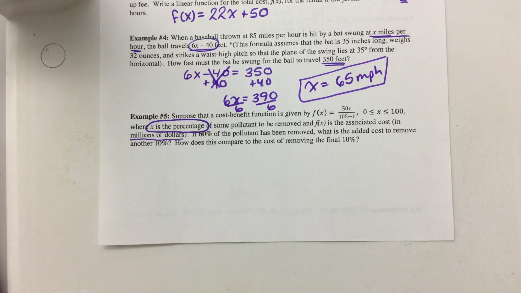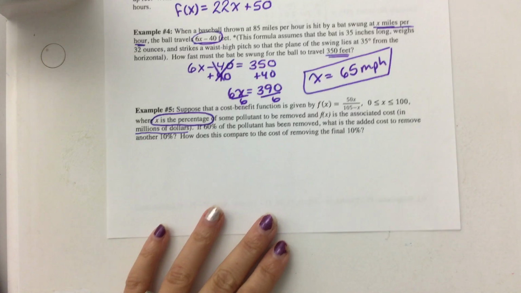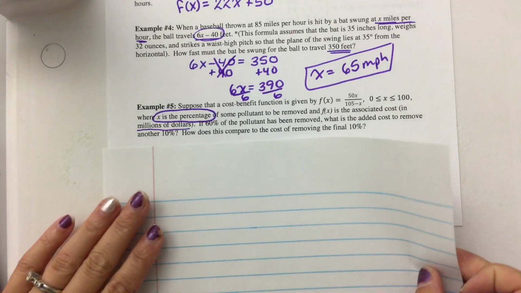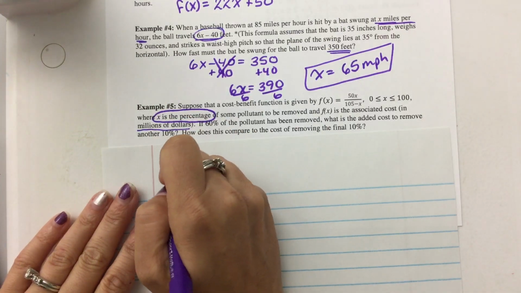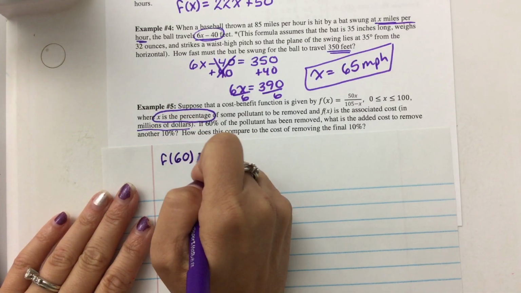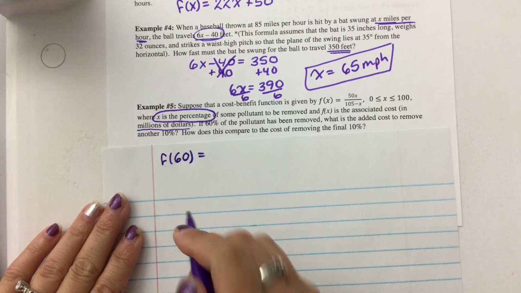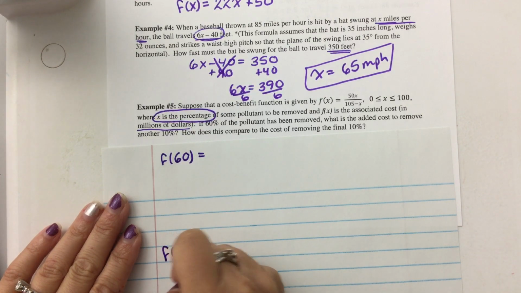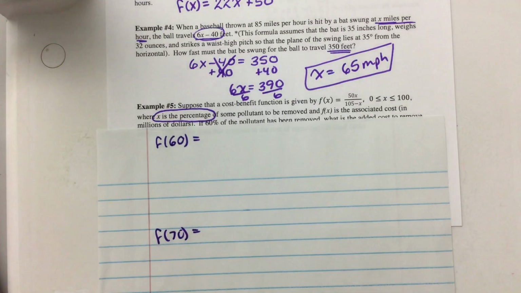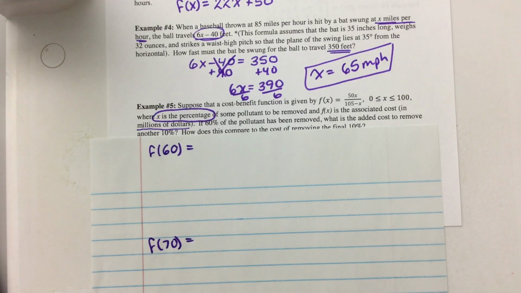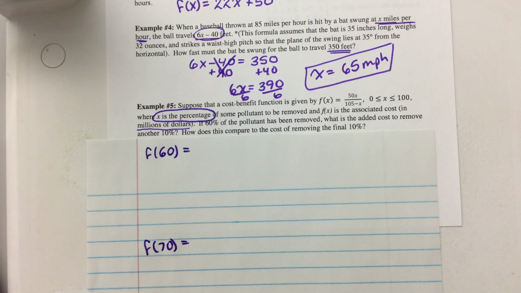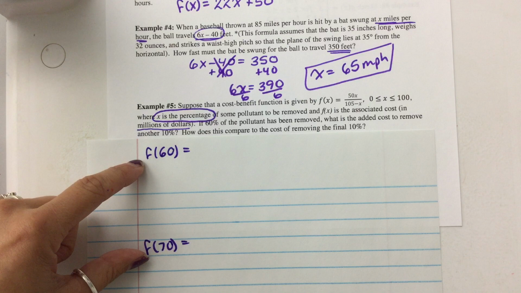So in order to do this, we have to actually do two calculations. We want to know the added cost to remove an additional 10. So we need to figure out, okay, well, how much did it cost to remove 60%? An additional 10% would mean that we are removing 70%. The additional cost would have to be found by subtracting the two.